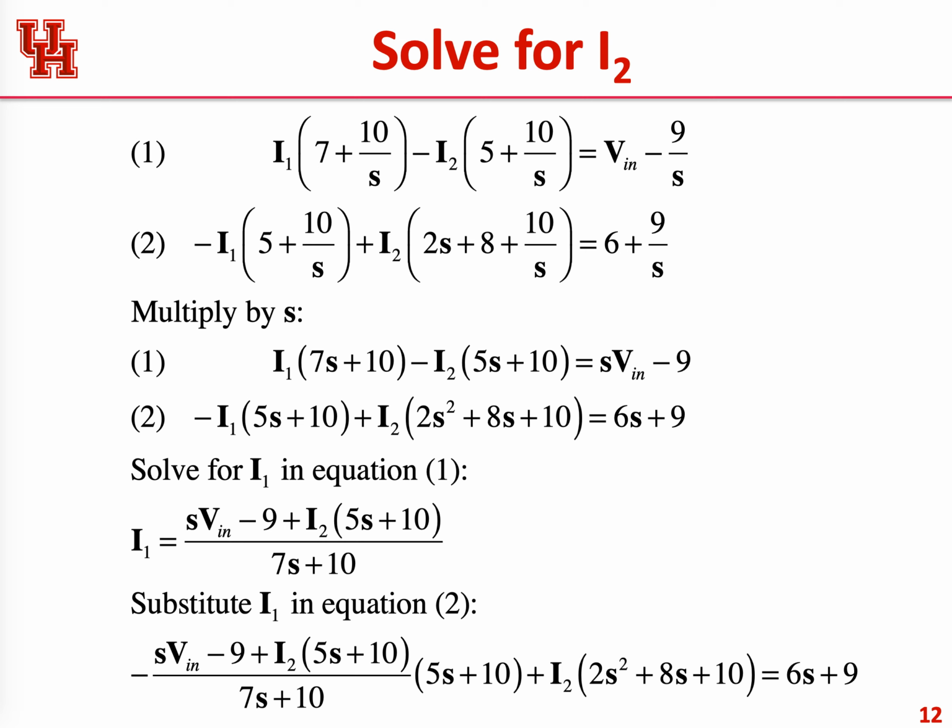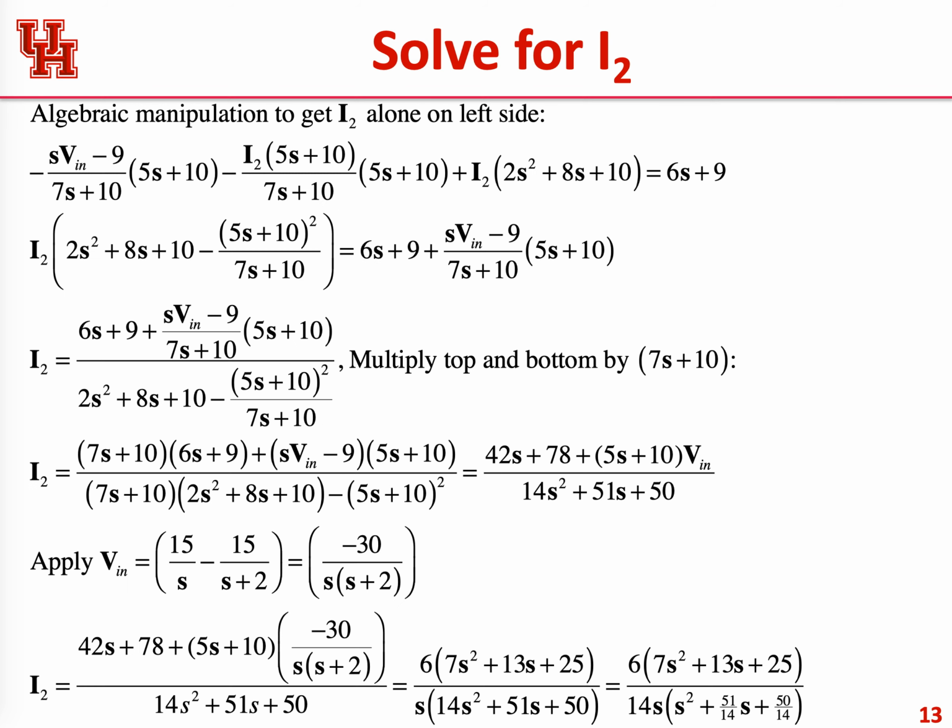All we need to do is eliminate I1 between these two equations. So I can solve for I1 from the first one, plug it into the second, and then solve for I2. It's a lot of algebra, as you can see on the screen. It continues on to the second screen, and at the bottom right-hand side we get the final answer: a ratio of two polynomials, a second-order polynomial on the top divided by a third-order polynomial in the denominator.